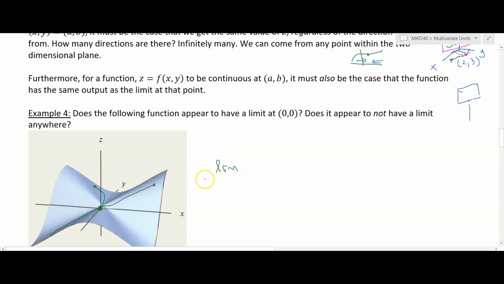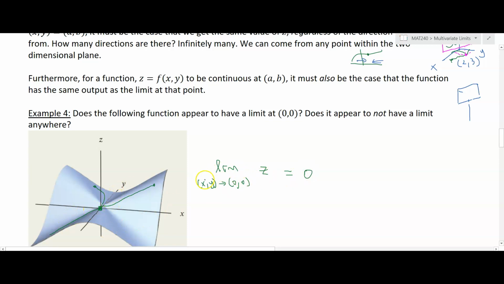We can't just say the limit as x approaches 0. We want both x and y to approach 0, so we'll write it like this. We'll just say, as the ordered pair in the xy plane moves closer to 0, 0, of this function z, maybe we call it f of xy, it appears that this approaches 0 from all directions.